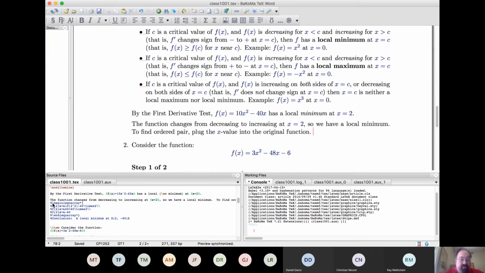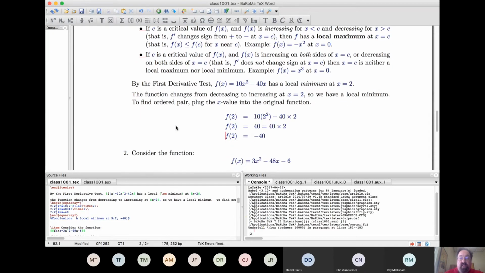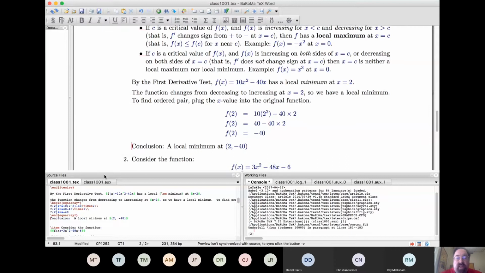So we go ahead and do that, and we get minus 40. So that point is where there's a local minimum: x equals 2, y equals minus 40.